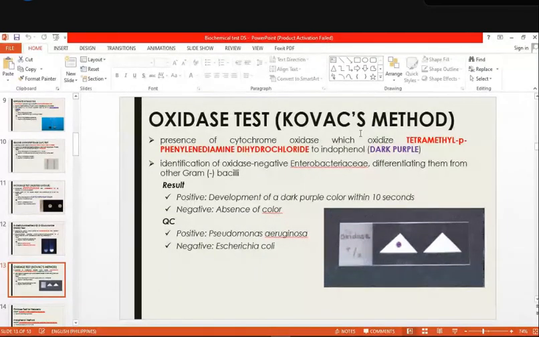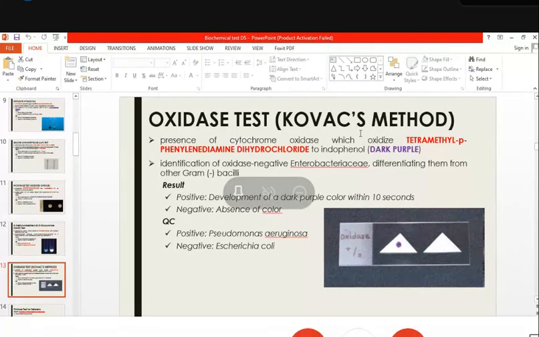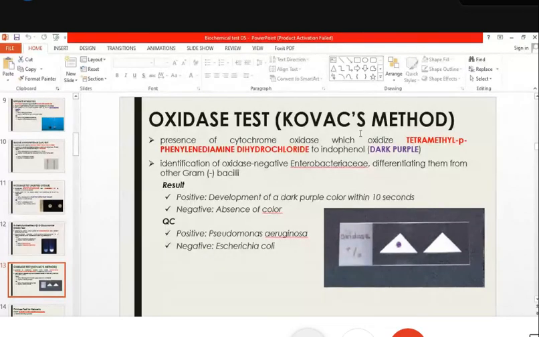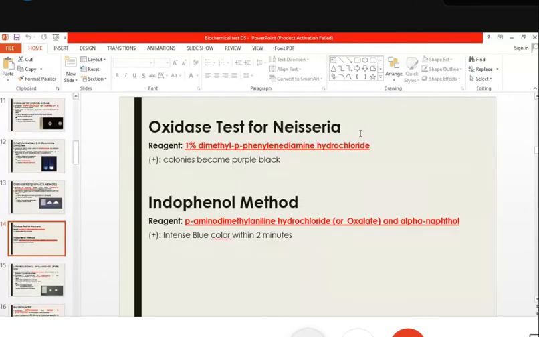Tetramethyl paraphenylene diamine po, ma'am. Yes. Dihydrochloride. Okay? Positive result? Positive result. Dark purple color po, within 10 seconds, due to formation of indophenol, ma'am. Okay, pwede na kayo mag-quiz mamaya.